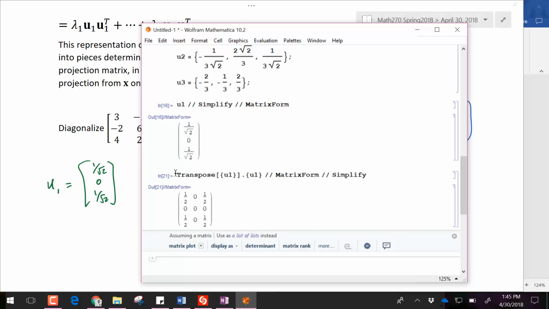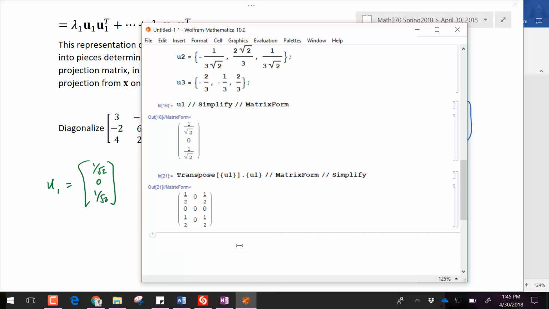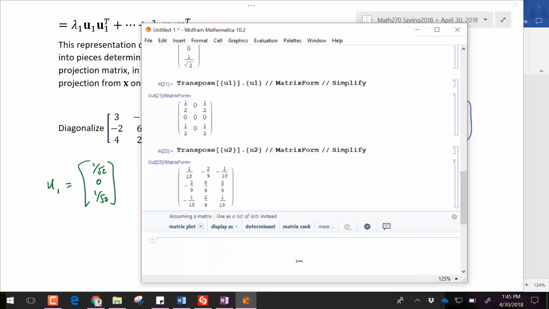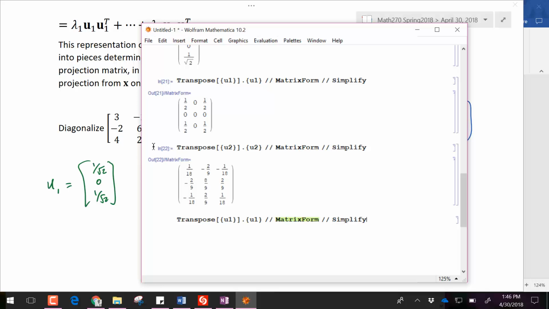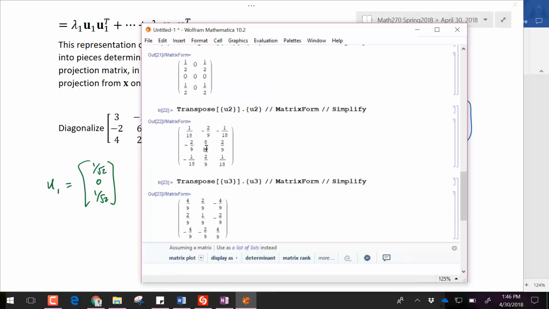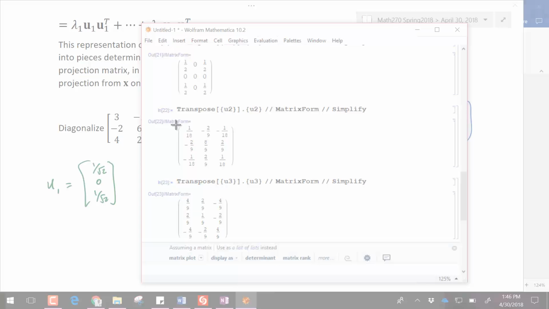So I think this is what I need. And then we'll do the same thing for U3. So these are the decompositions, or this is the outer products of each of those.